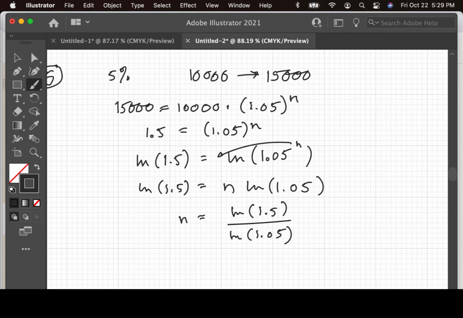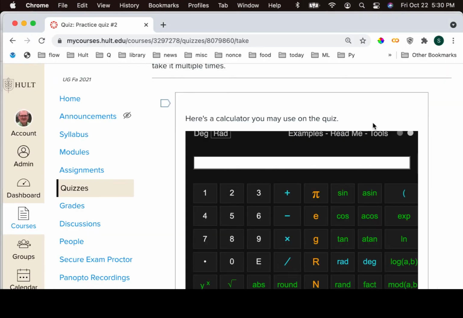And I can do this on my calculator, or I can do it on the calculator on the quiz. I'll use the one on the quiz. Natural log of 1.5 over natural log of 1.05.